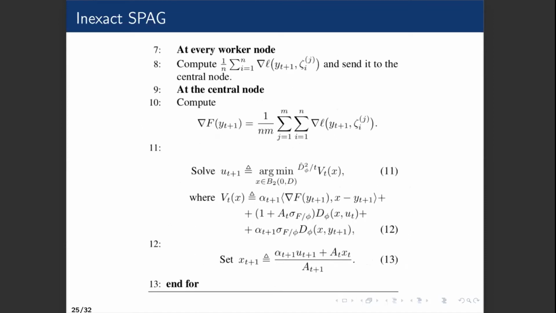Next, at every worker, they compute the gradients of their functions and send them to the central node. And in the central node, we aggregate all these gradients, get the full gradient of our function, and create such a problem where v contains the gradient, and the Bregman distance dedicated to phi.